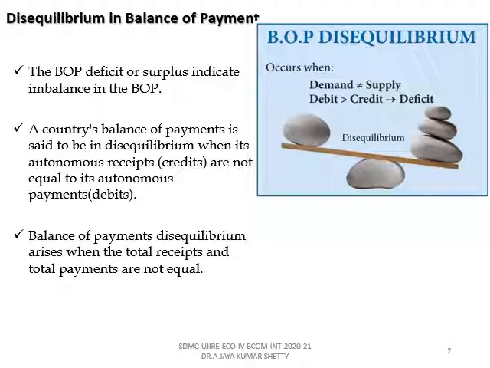Any imbalance in the balance of payment is considered as balance of payment disequilibrium. In other words, balance of payment disequilibrium occurs when the total receipts are not equal to total payments, particularly in the current account of the balance of payment account.